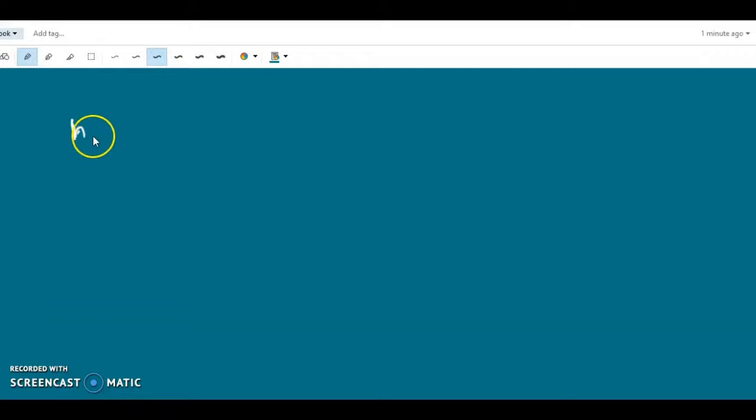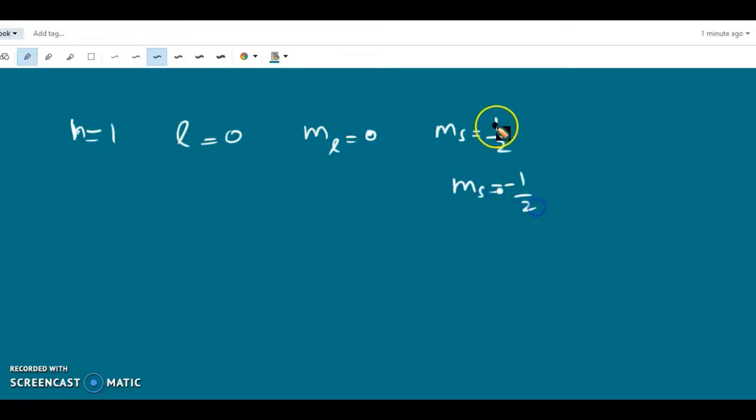For n equal to 1, L is 0, ML 0, MS plus half, this combination is okay. Same thing with MS minus half. But the two states have the same energy. In the absence of a magnetic field, the energy of the electron is determined by the principal quantum number alone.